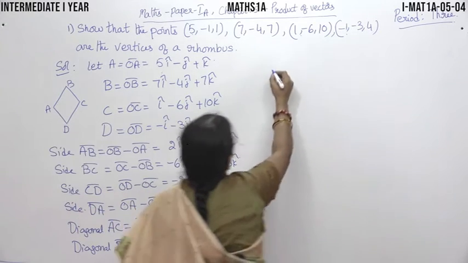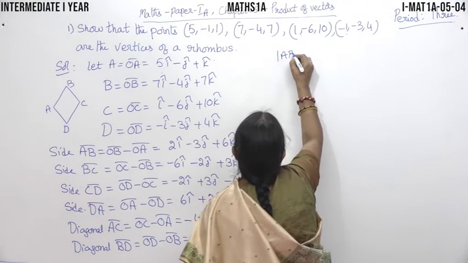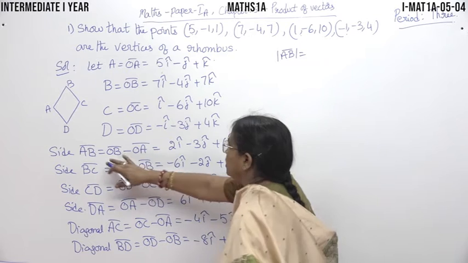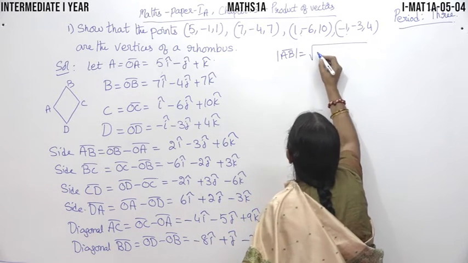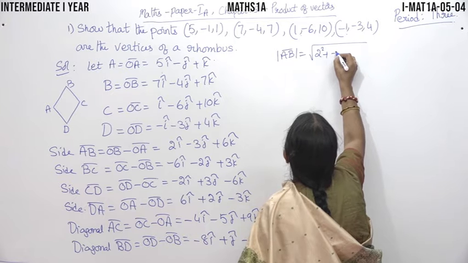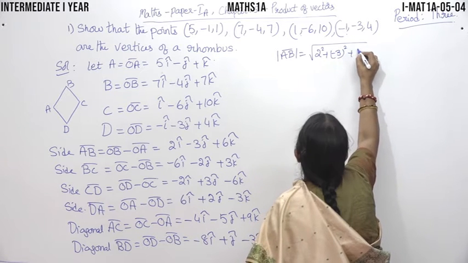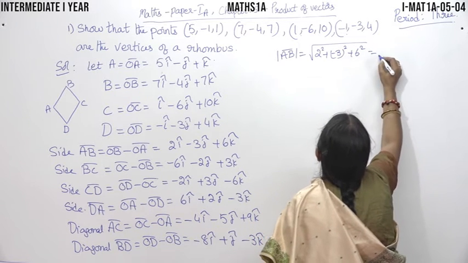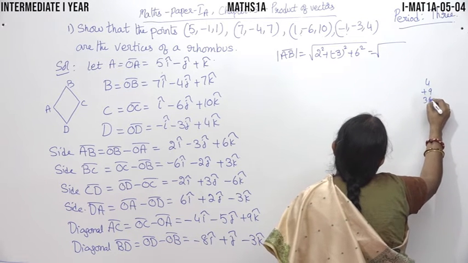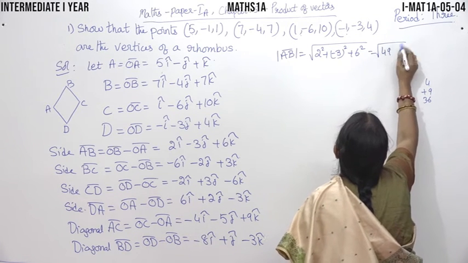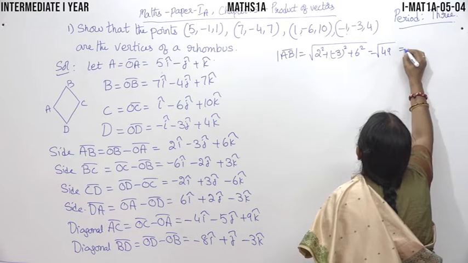So we'll find mod AB. Length of AB side is mod AB. This is AB vector. So root of 2 square plus minus 3 whole square plus 6 square. So it is root of 4 plus 9 plus 36. So it is 49. That is 7.